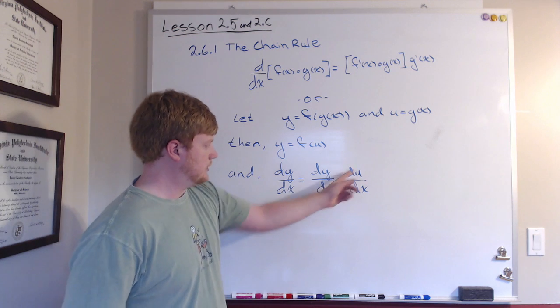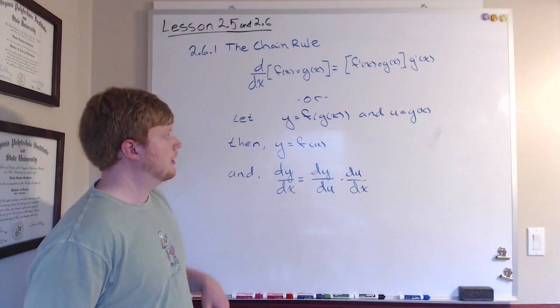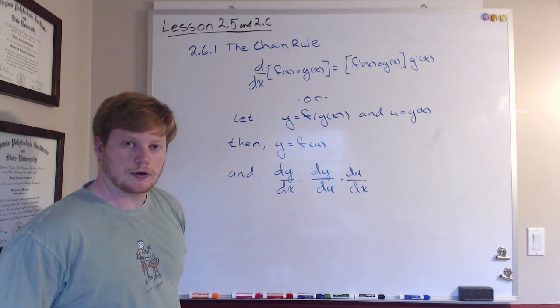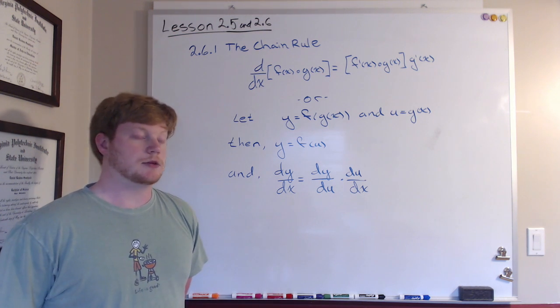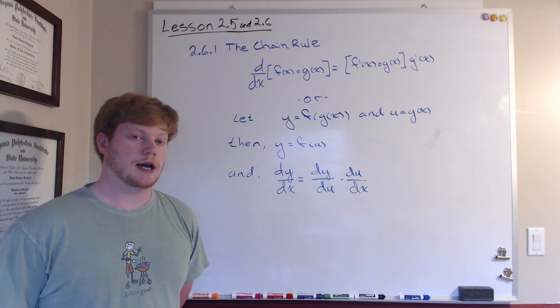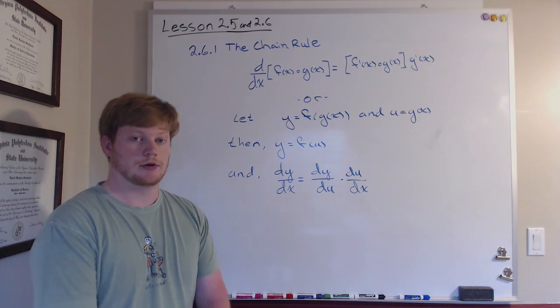And when we multiply these together, the du's cancel, and I'm left with dy dx. Okay? But again, you are maybe more familiar with it as the derivative of the outside times the derivative of the inside, which is perfectly fine for computation purposes.